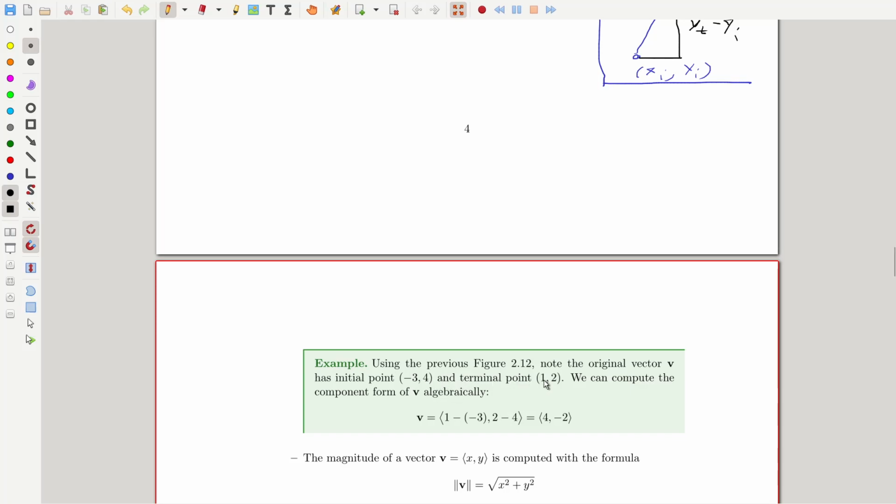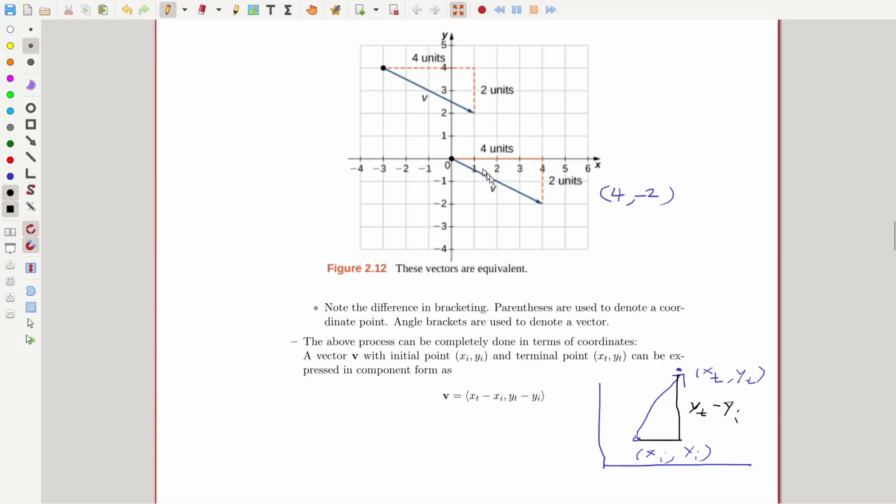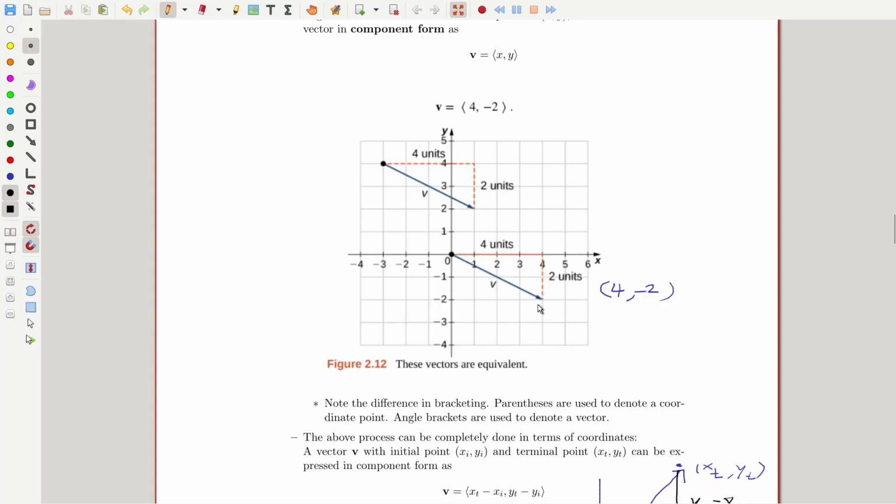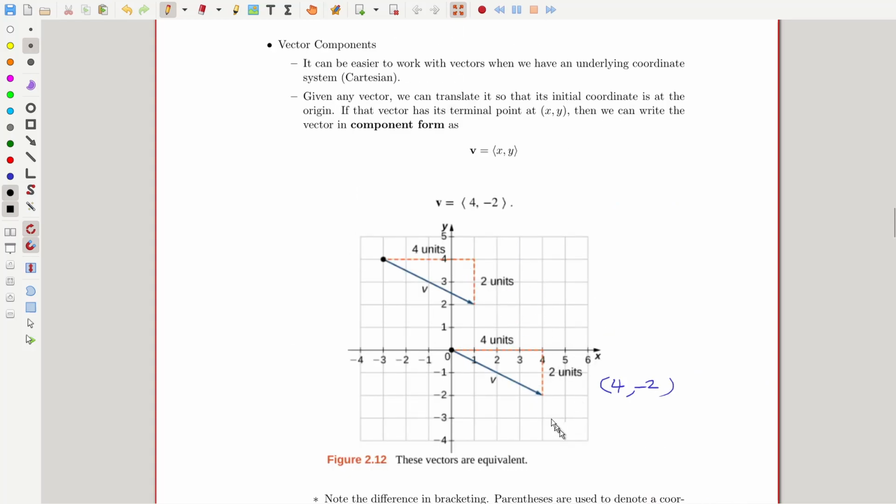You subtract the x's, subtract the y's, but you have to do them in the right order. So it's terminal minus initial, 1 minus -3, and 2 minus 4, which you compute out and get 4, -2, which matches up with the geometrical way of doing it by lining it up and reading off the point.